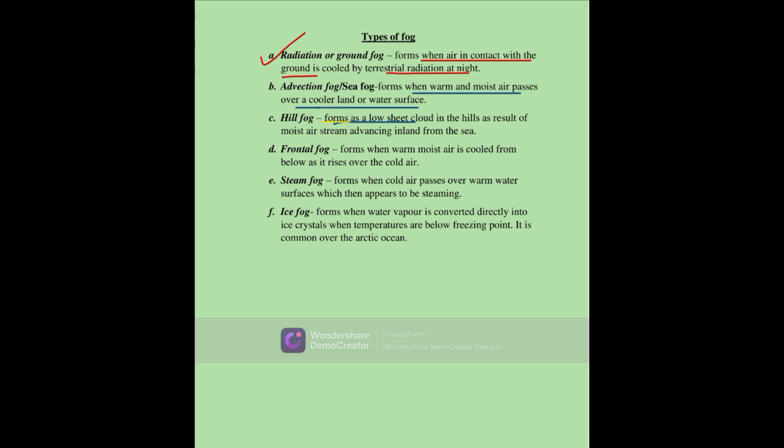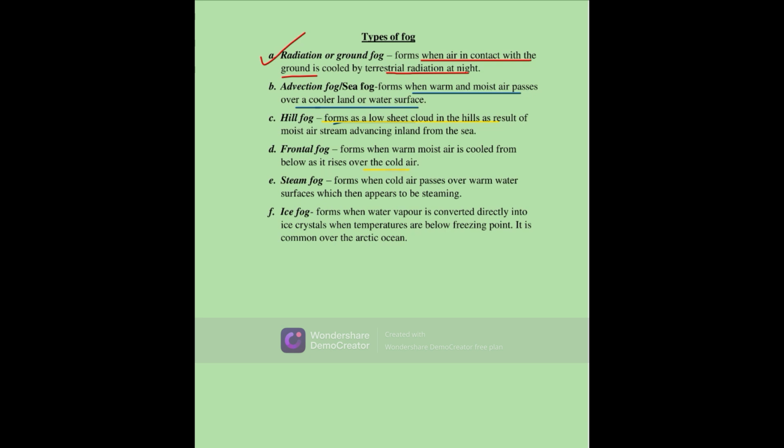Frontal fog is the fourth type of fog, which is formed when warm moist air is cooled from below as it rises over the cold air.